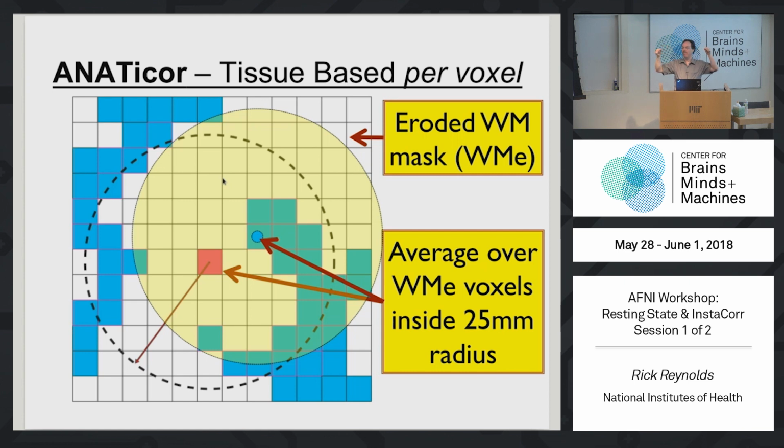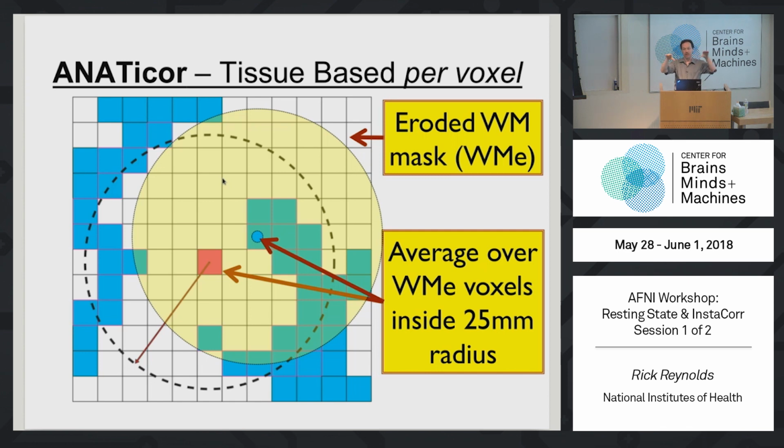So every white matter voxel contributes equally to this average time series projected out. But maybe you might want more of a Gaussian curve, where the closer the white matter is, the bigger the contribution to that average white matter signal, and then you project that out, giving the close white matter preference over the far white matter. That seems like perhaps a nice way to go, but that seems more complicated.